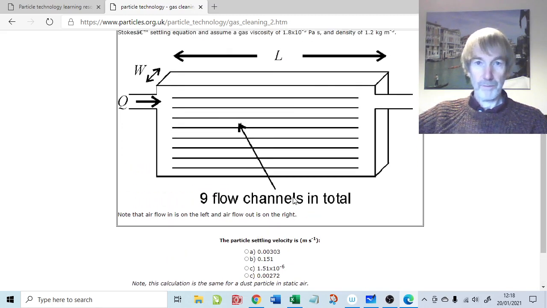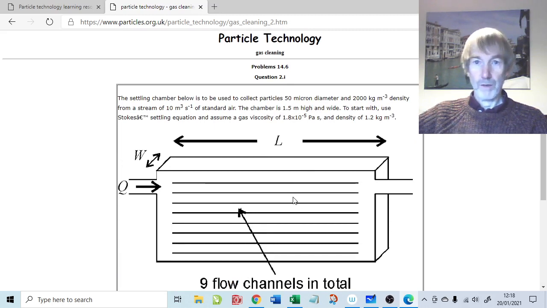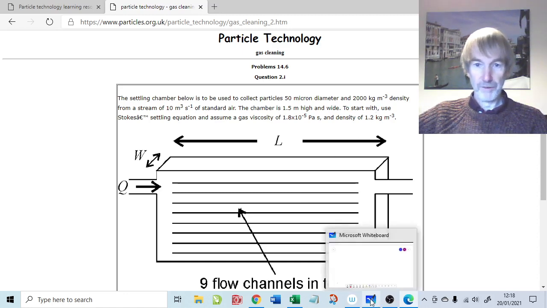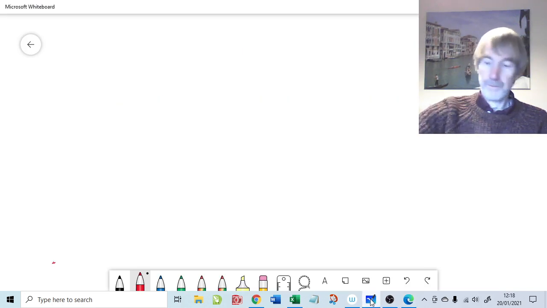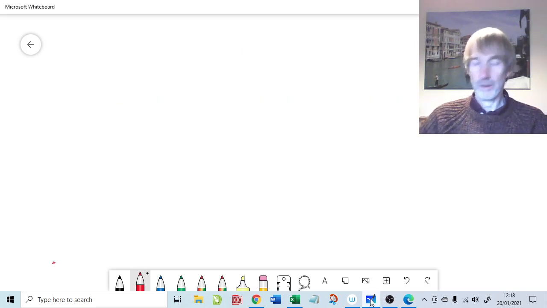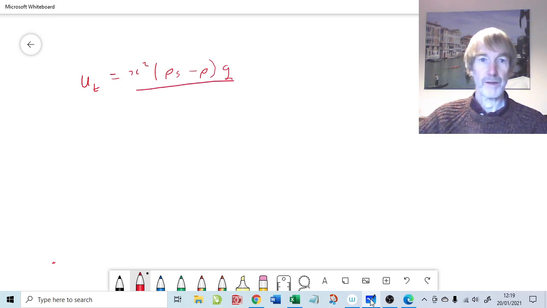We need to remember some of these values because we'll be using them, but let's go straight over to put Stokes' equation onto the whiteboard. We're after a settling velocity, so that's u_t equals x squared, which we know is 50 microns, times the density of the solid minus the density of the fluid, times g, all divided by 18 mu.